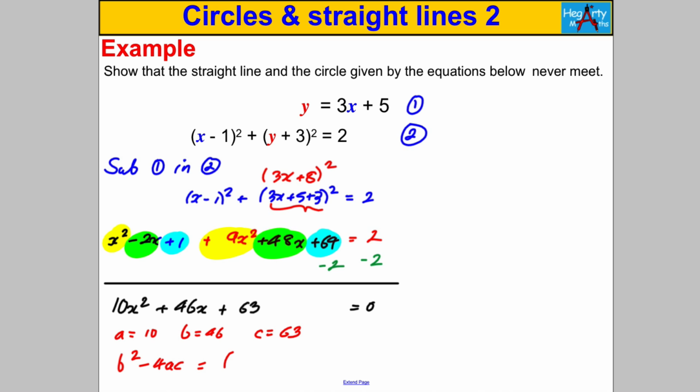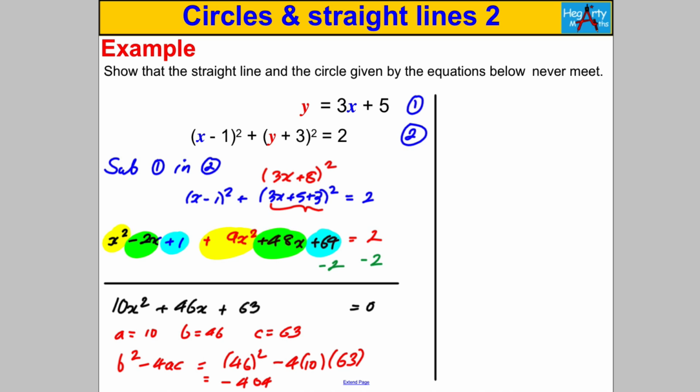We can say it's 46 squared, take away 4 multiplied by 10 multiplied by 63. And if we tap that into our calculator, you type in 46 squared, take away 4 times 10 times 63, you get yourself negative 404. And therefore you can state just a little line here.